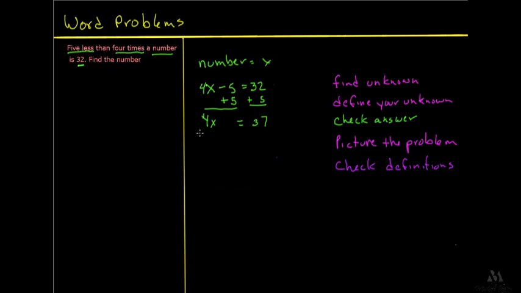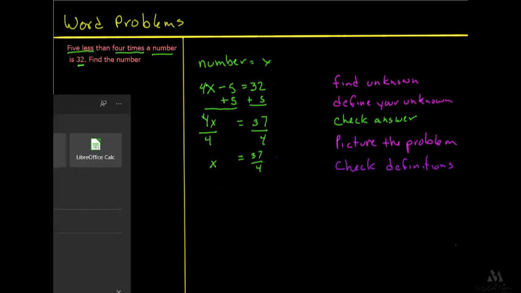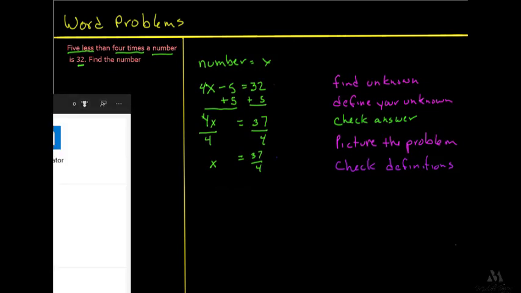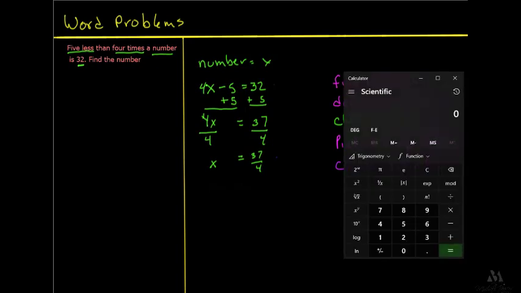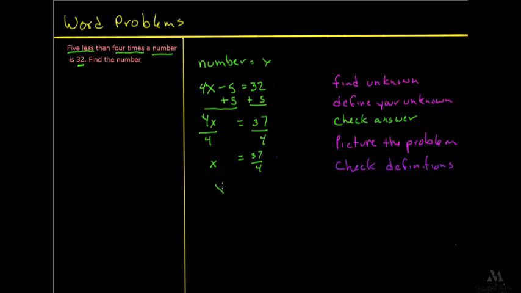I want to divide each side by 4. And that's going to give me x equals 37 fourths. And I can call up my handy dandy calculator. If I want a decimal number, I can take 37 divided by 4, and I get 9.25.